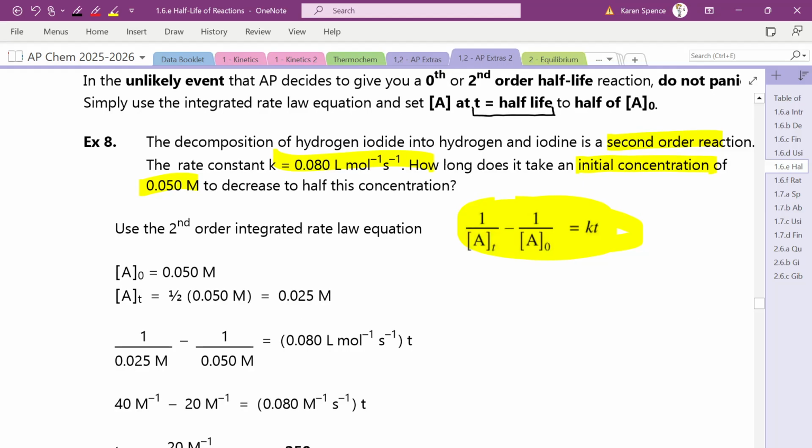And we are told that A naught is equal to 0.50. Yes? And we're going to say that our time is the half-life. Okay, so that means that our concentration is going to be half of what it once was.